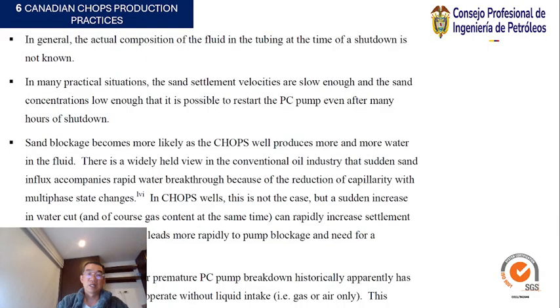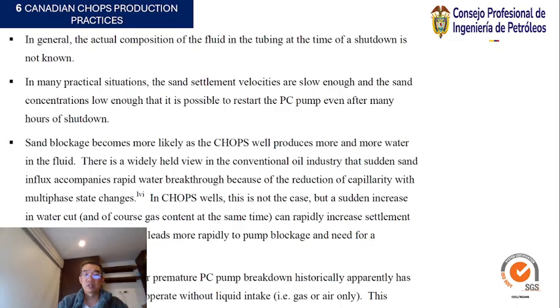There is a widely held view in the conventional oil industry that sudden sand influx accompanies rapid water breakthrough because of the reduction of capillarity with wettability state changes.